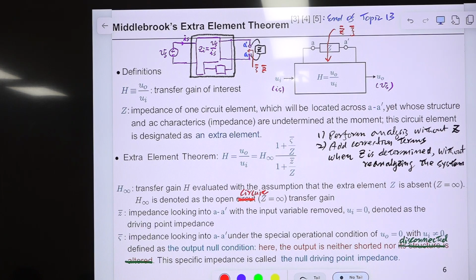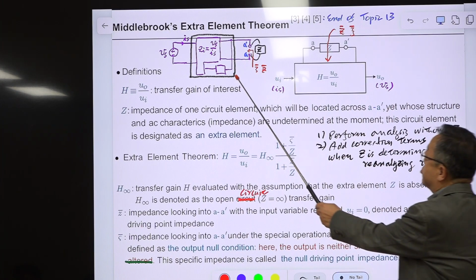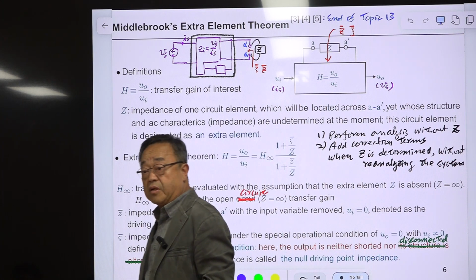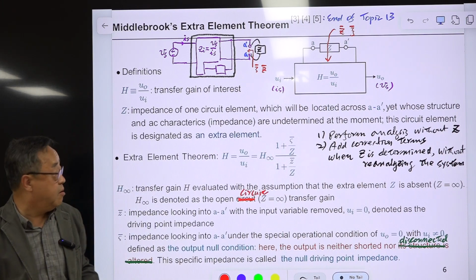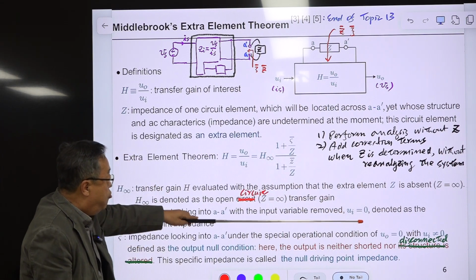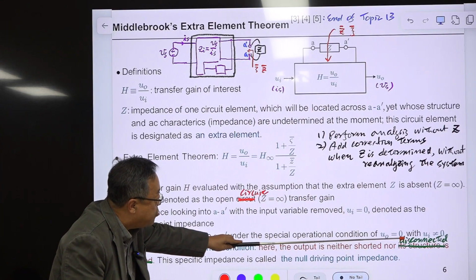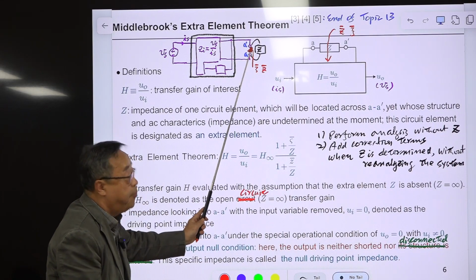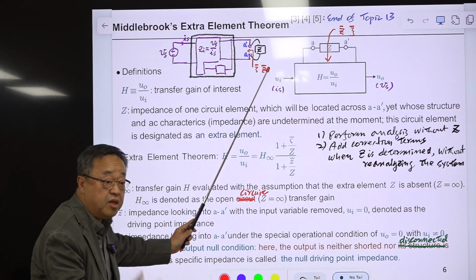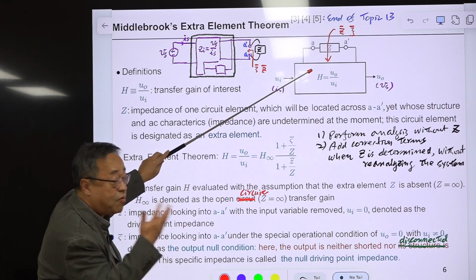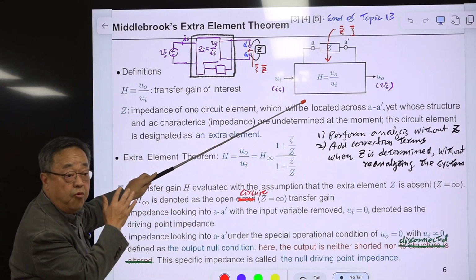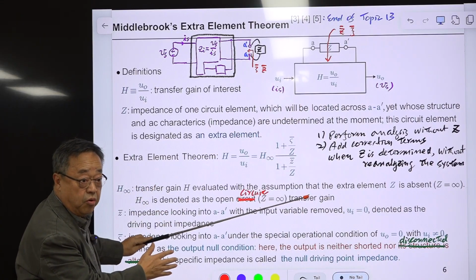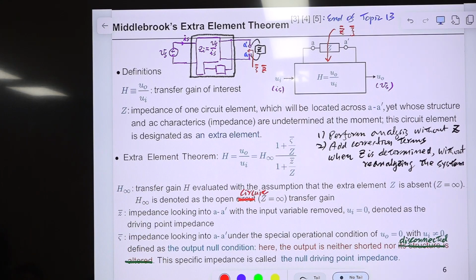It depends on the definition of your transfer gain. When you say the output is 0, that does not always mean the output voltage is 0. What we mean is that the output of the transfer function of our interest is 0.